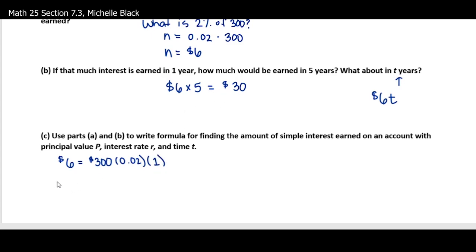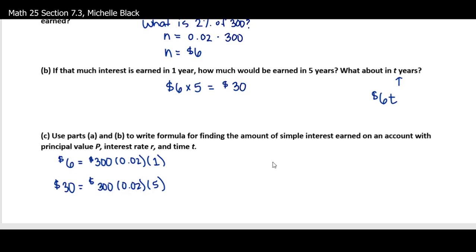Looking at part B, I earned $30 when I multiply my original amount times my interest rate times 5 years. So I didn't show that this was actually the principal times the rate, but that's exactly what we did to get 6, right? We did the principal times the rate, and it gave us back $6. So this 300 times 0.02 is just the 6 that I have above.